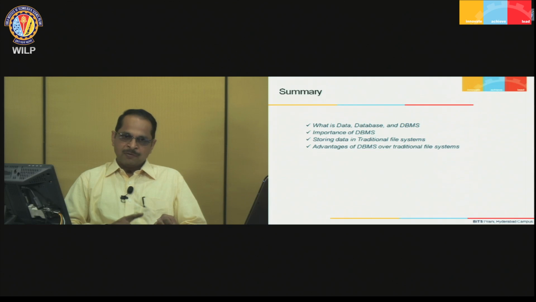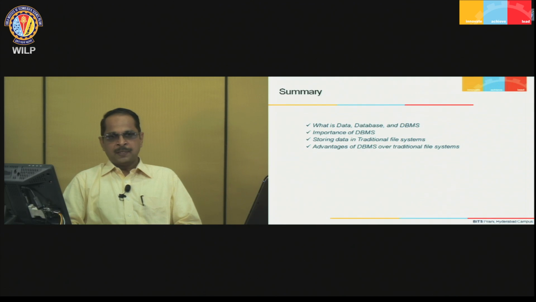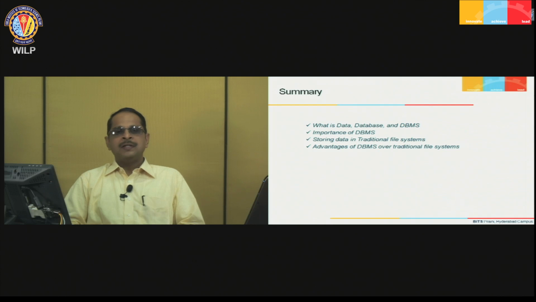First, we can define the database, we can construct the database, and we can manipulate the data contained in the database. And what is the importance of database management systems? They help you run your business in a more effective and efficient way, so as to improve the profits of the organization or the enterprise.